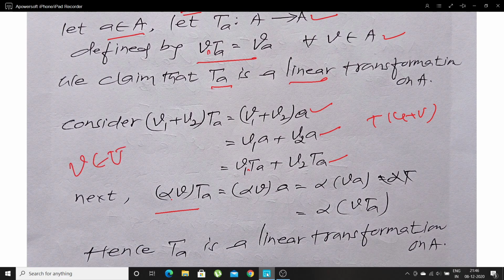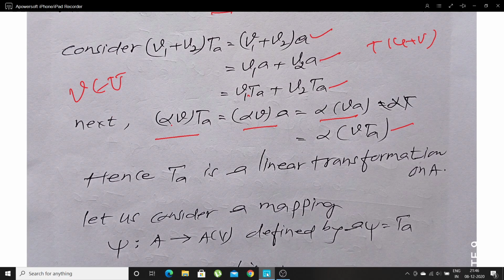Capital V. Alpha dot v of T_a can be written as (alpha v) of a. Rearranging the terms, since it is an algebra, therefore the vector space property holds good. So clearly the mapping is linear.